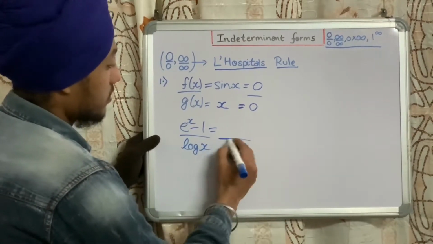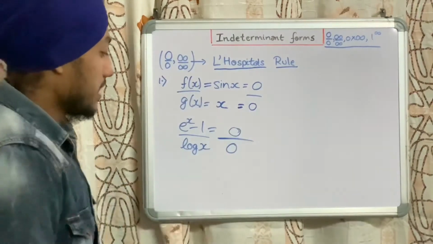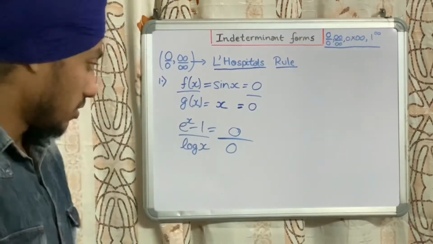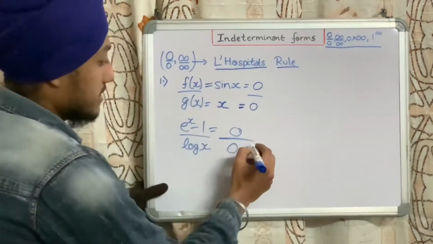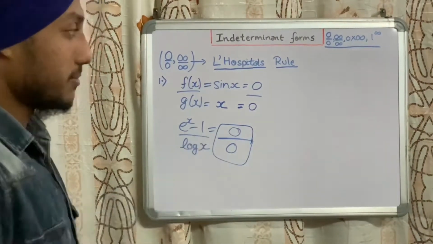It is also a 0 by 0 form when we put x equal to 1. There are many other forms that exist.